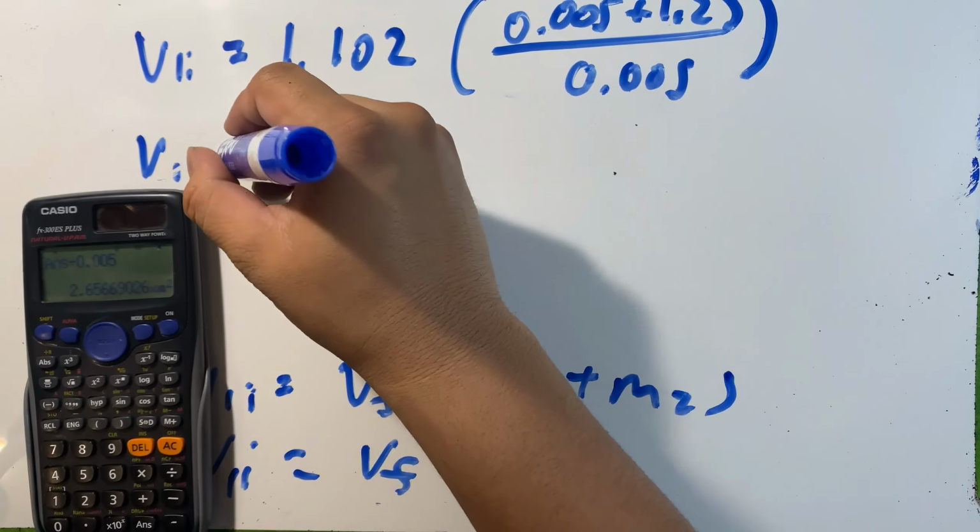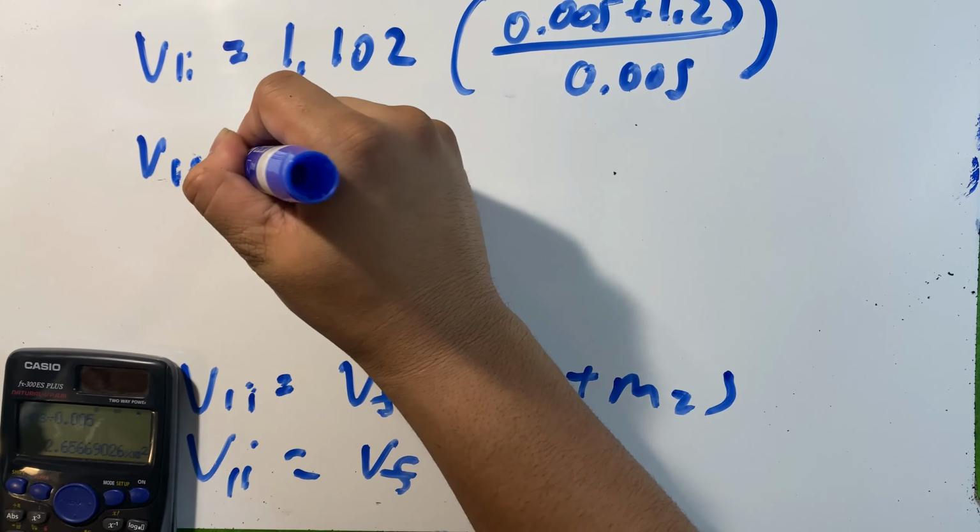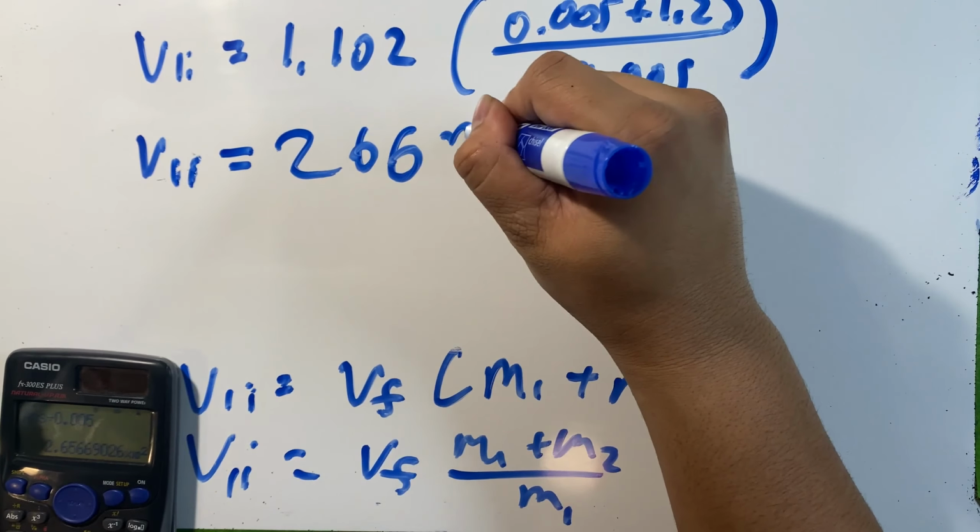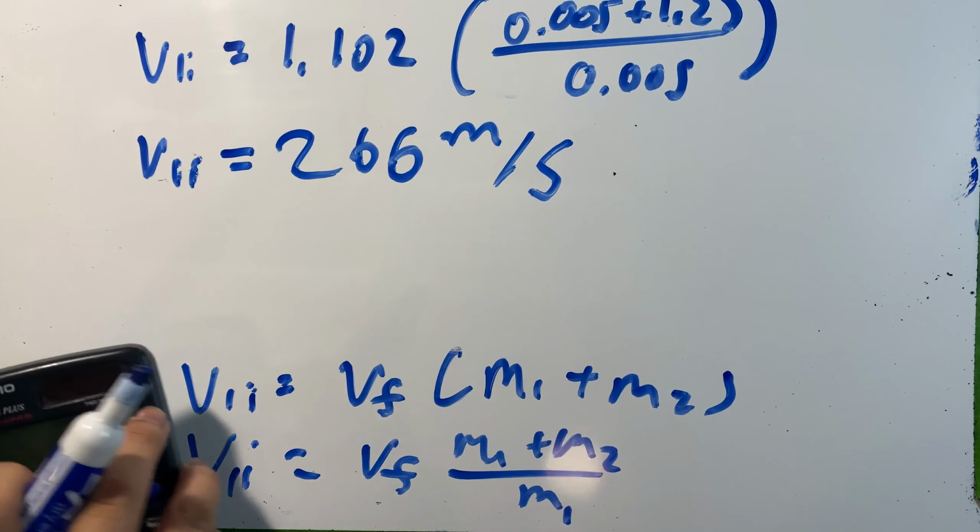And that leads us to v1 initial equal to 266 meters per second, if we round.